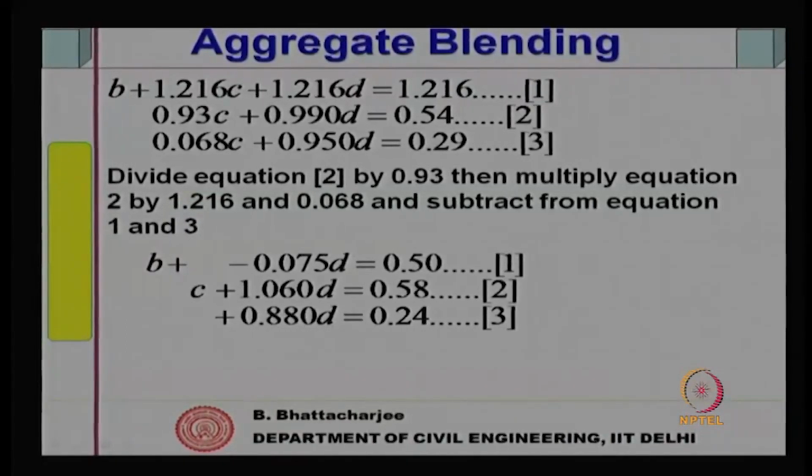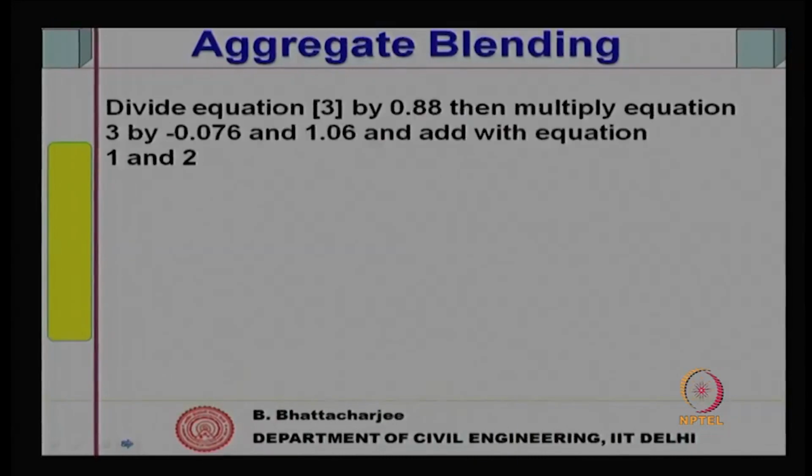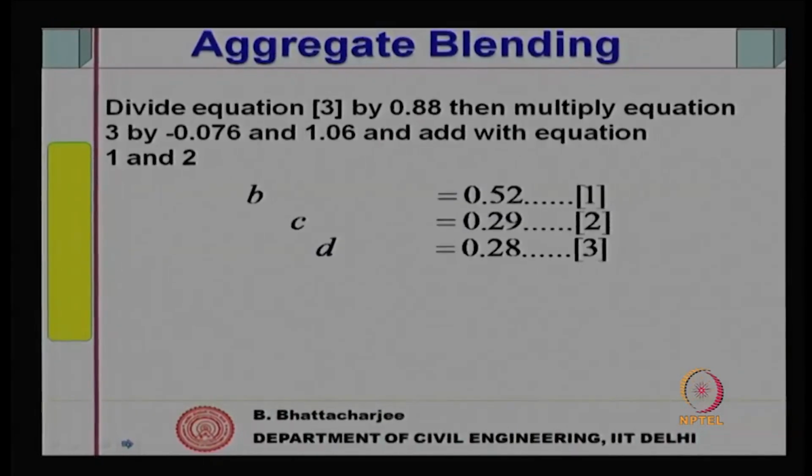Then the next step would be divide this equation by 0.88 and you get the value of D. So, multiply this by 1.060 and subtract from this, then you will get straight away the value of C, and if you do this process, you get B, C, D equals 0.22, 0.29 and 0.28.